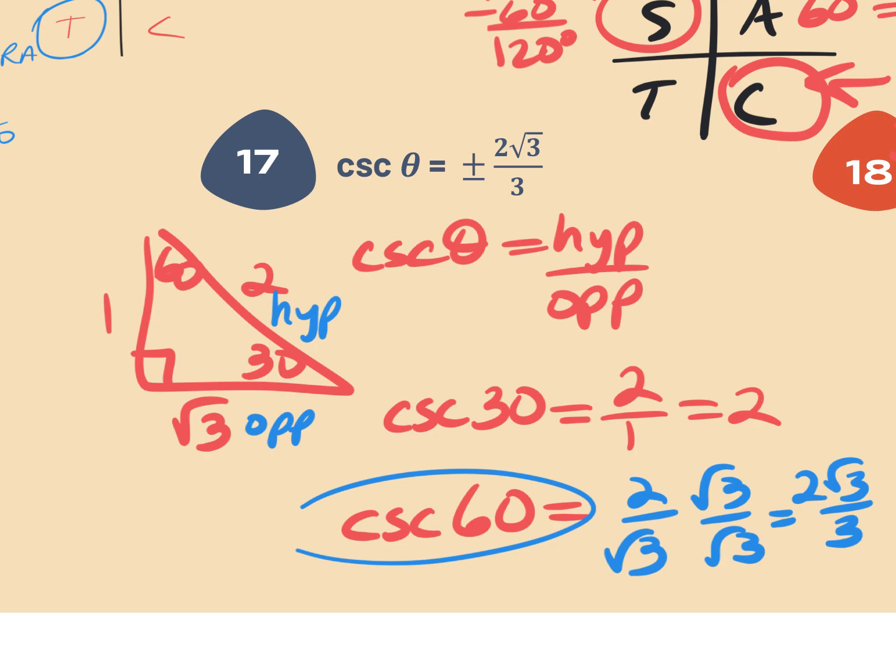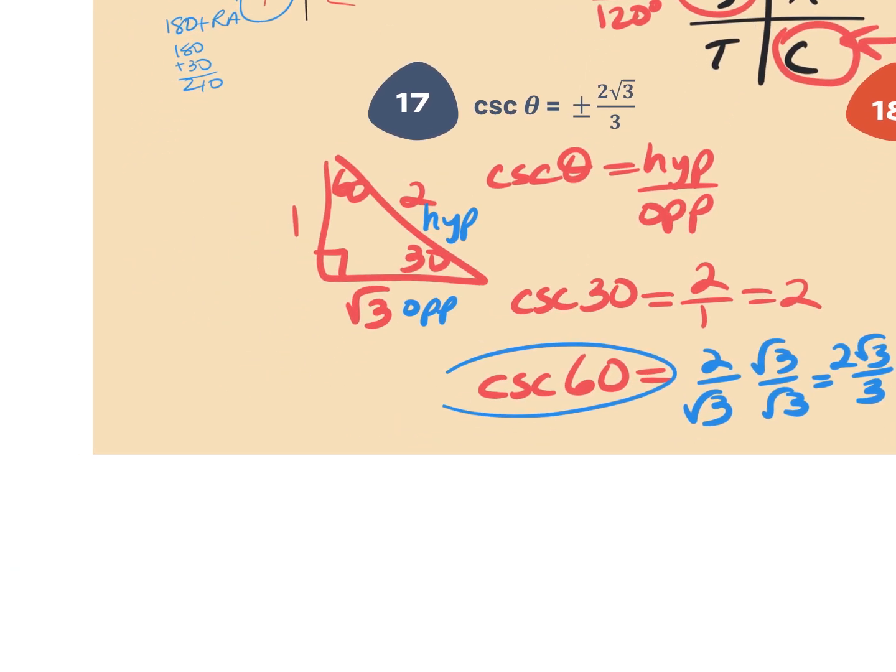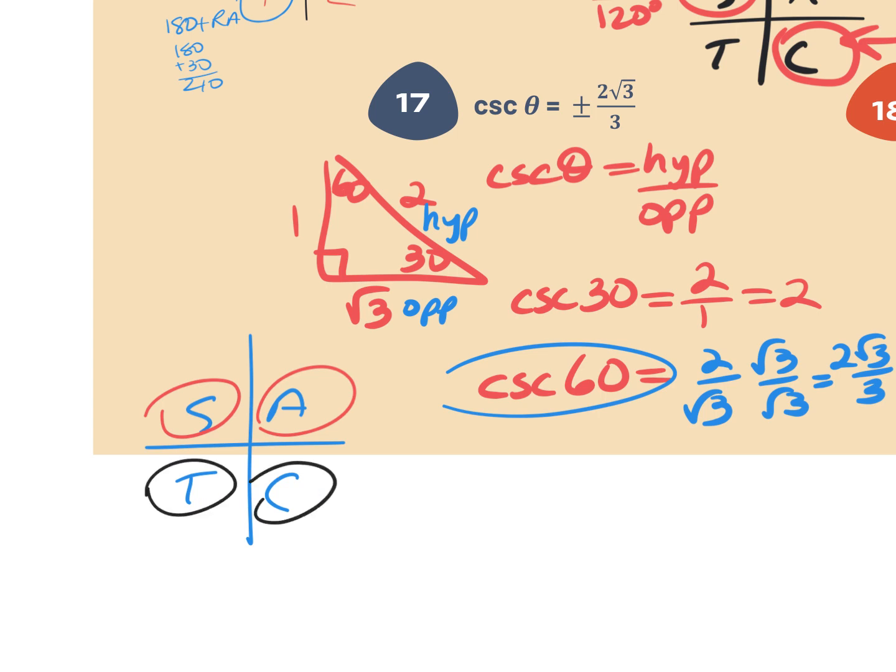So because it's plus minus, even though I'm doing all students take calculus, sine and cosecant are positive here and here, but it's negative here and here. So I need all 4. So in quadrant 1, this is your reference angle, and it was the 60.